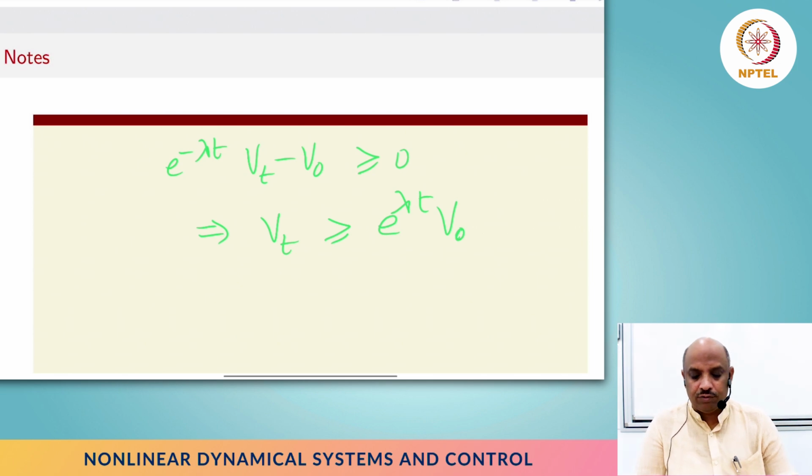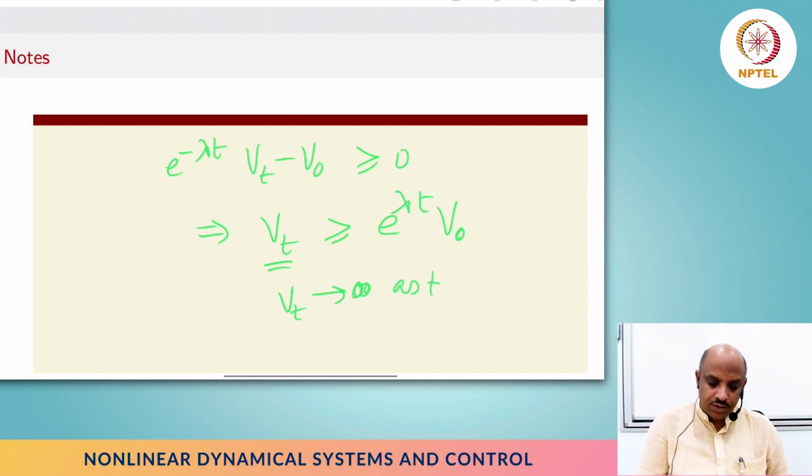Whatever the value of V0, unless it is 0, we do know there is at least one point for which this is positive. So take one of those points as your initial condition. This is going to be positive and exponentially increasing. So V of t is going to go off to infinity if the solution continues forever, as t tends to infinity. So this is showing instability.